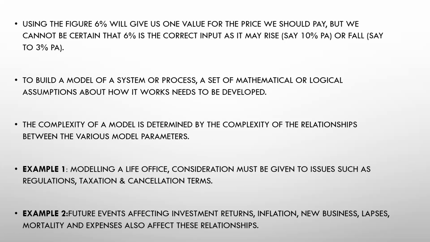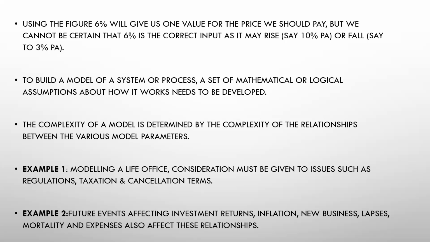The best two examples that explain this slide: first, modeling a life office. Consideration must be given to issues such as regulations, taxation, and cancellation terms. A life office means a life insurance company where you will be dealing with a lot of policyholders, who will be paying premiums to the company for which they will get a claim amount at the maturity period.